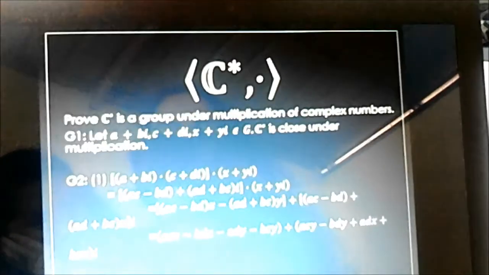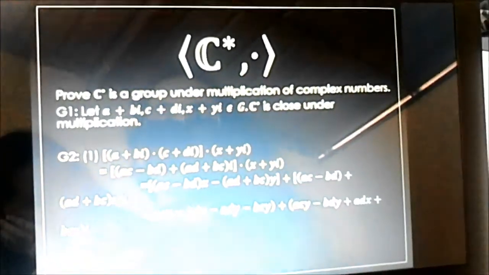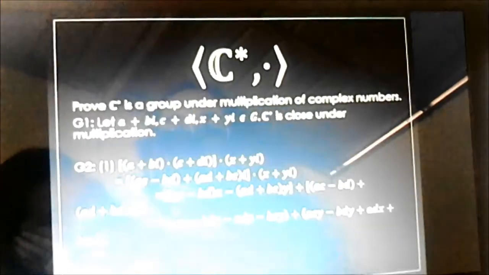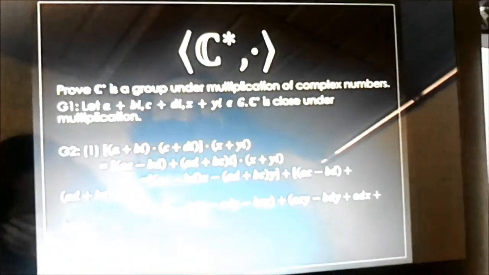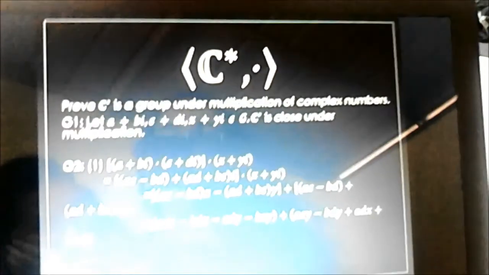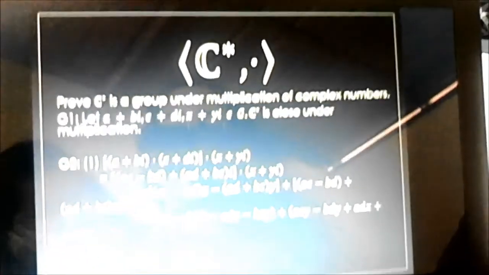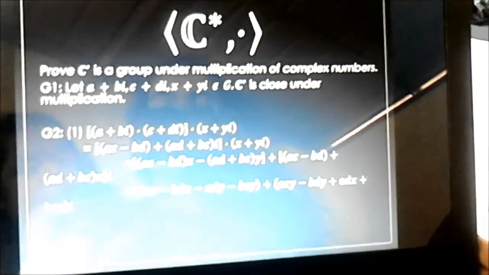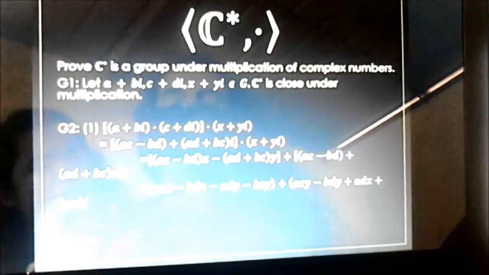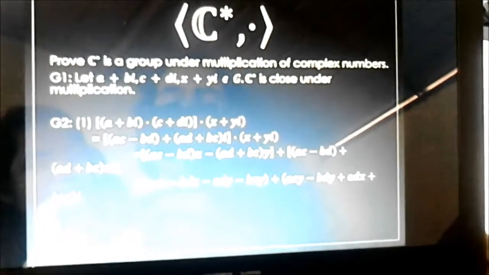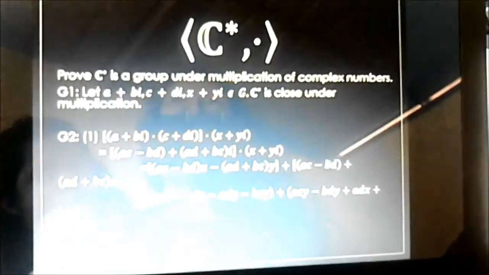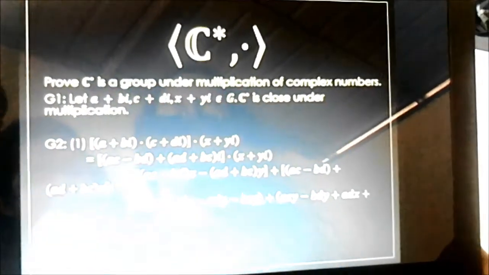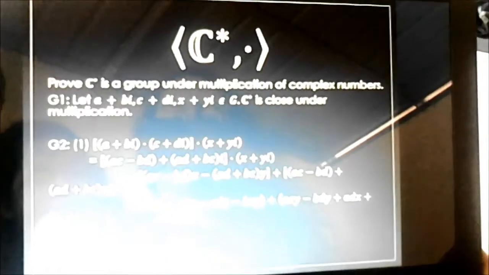It is subtraction because we have distributed the x and yi to the other quantities. So it is equivalent to acx minus bdx minus ady minus bcy plus (acy minus bdy plus adx plus bcx) multiplied by the complex number i.